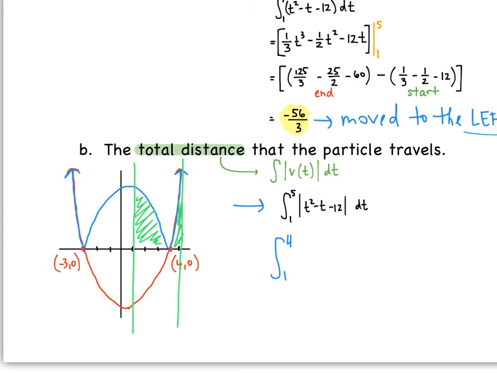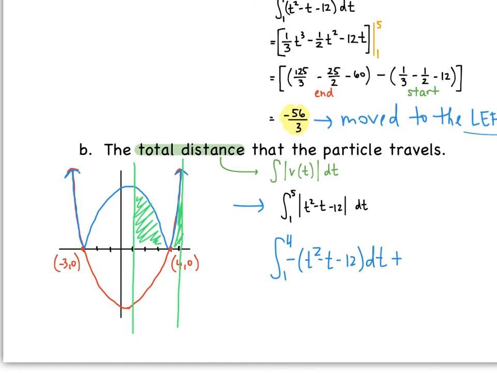Before it was underneath the x-axis, but taking the absolute value, we now moved it above. So that's going to equal the opposite of that. So it should be the opposite of the integral of t squared minus t minus 12 dt.